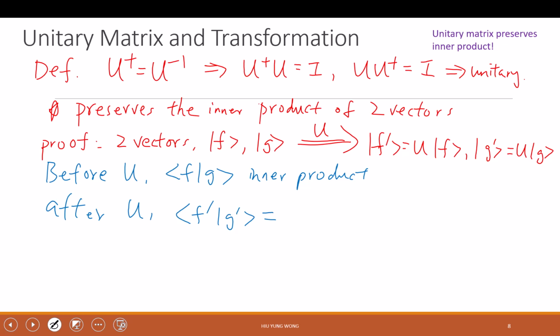But what is F dash? Maybe we can come here in bra-ket notation. What is F dash here? If this is the ket, then its bra form is what? Do you still remember what we learned earlier? Matrix times a ket, its bra version is what? It is bra times U dagger.